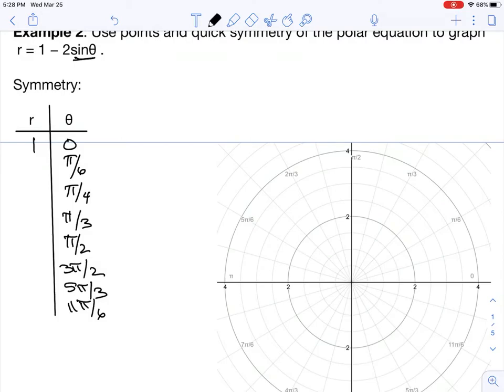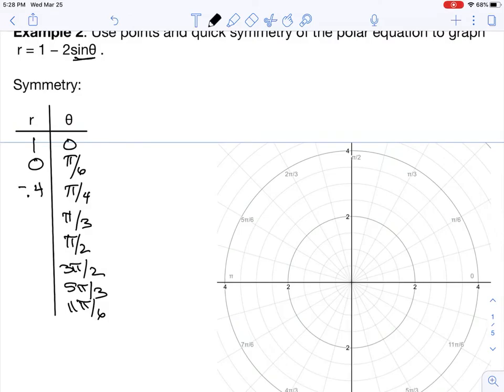Is not right. Oh, 1 minus 2 sine theta, that'll be a half, so 0. All right, and then for pi over 4, we get negative 0.4.